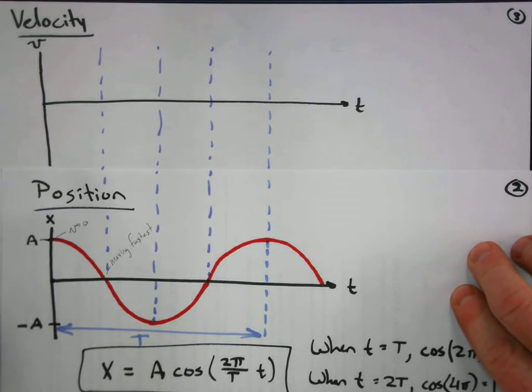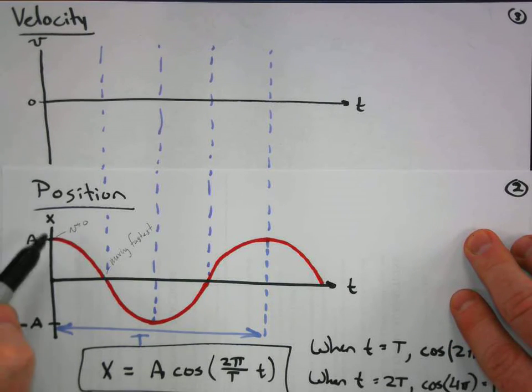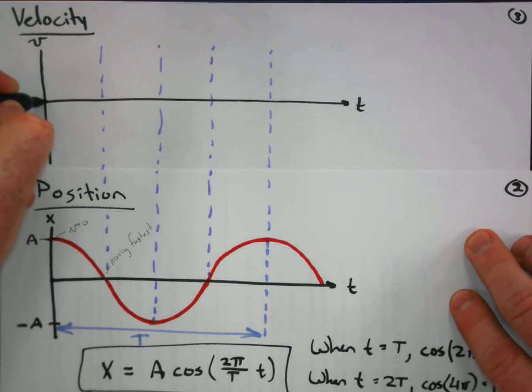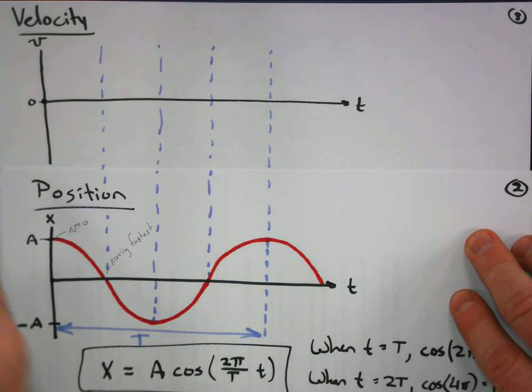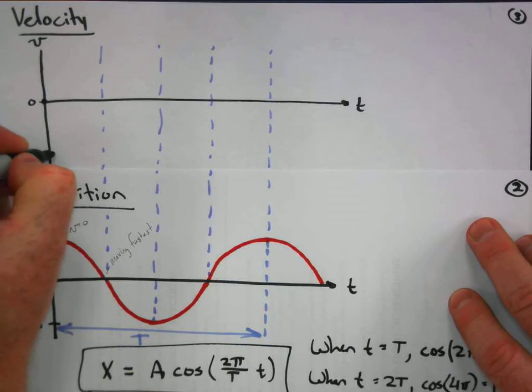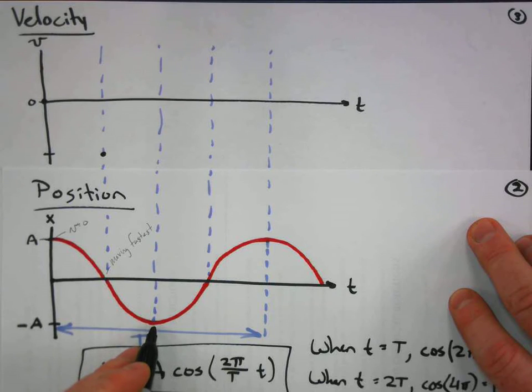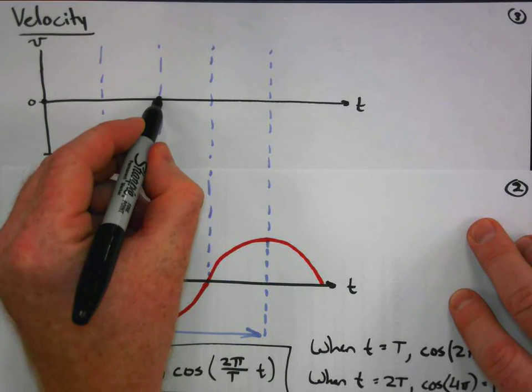Well, okay. There's 0 velocity. Now, I have 0 velocity at maximum amplitude, so right here, velocity would be 0. I've got a data point right there. And then here, I've got the maximum negative velocity. So whatever this is going to be, I've got maximum negative right there. And then down here, I've got 0 velocity.